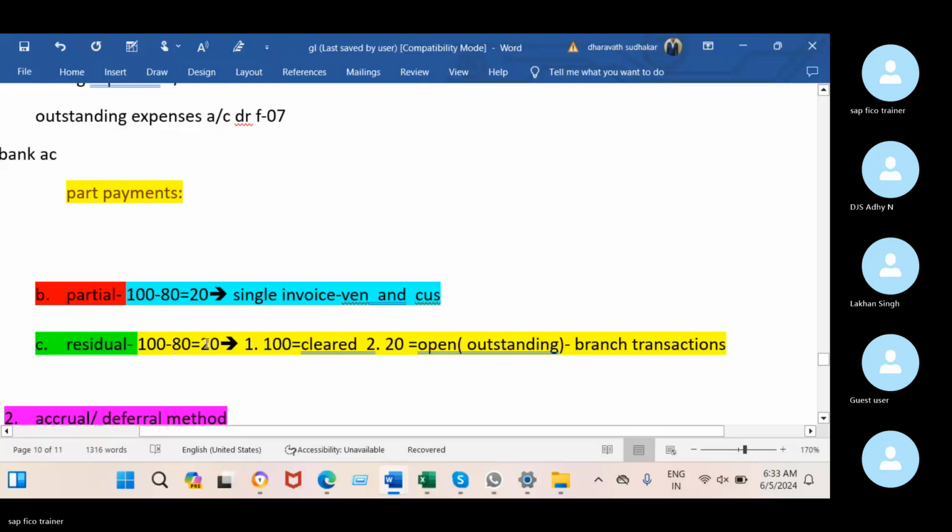What was the balance you were required to pay? 20. So when you made the 80 payment, the balance is 20. If you add 80 plus 20, it will be 100 only, no? So that is the reason the system is showing 100 as cleared, and for 20 it generates a second invoice as outstanding, that is open. In SAP, wherever we use the word outstanding, we have to use the word open item or open.